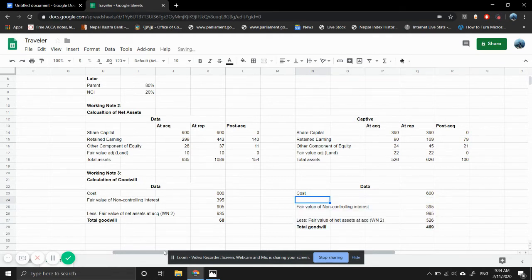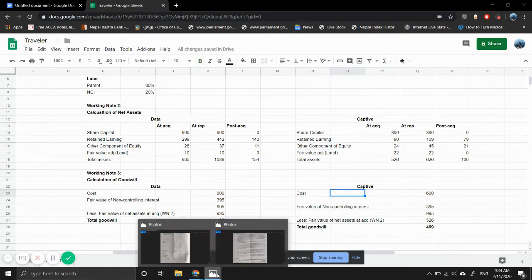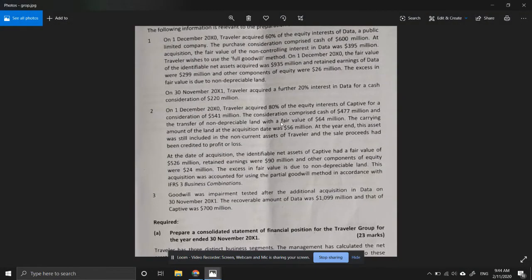Control, and then in case of cost there will be two things in Captive, right? So Captive, there will be different thing because 80% of Captive for 541 million, right? Okay, so total is 541 already given, easy. So cost comprised 477 and non-depreciable land of 64, right?